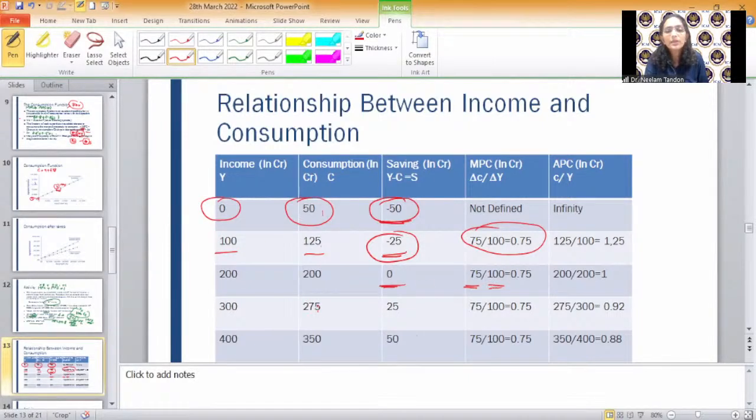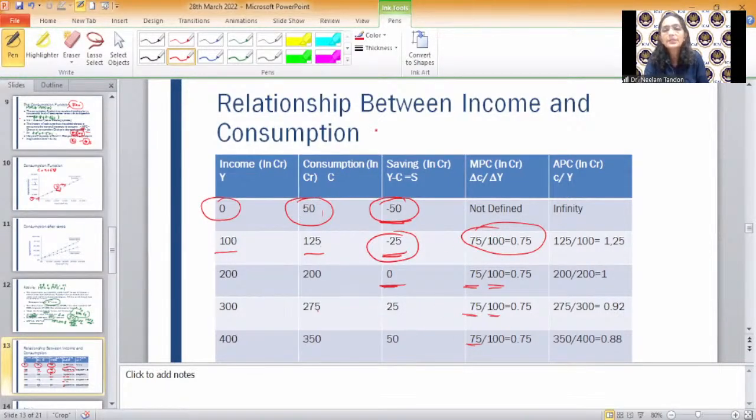Here 275 minus 200 is 75, again 75, 300 minus 200 is 100. 350 minus 275 is 75, and then 400 minus 300 is 100. So you have got the value of MPC.